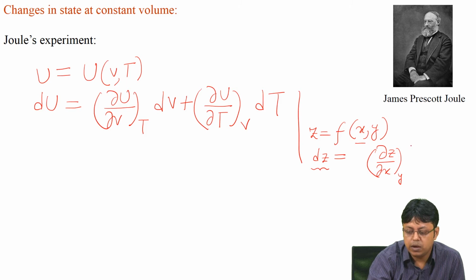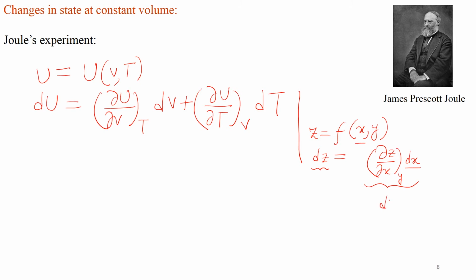We are not changing y, and then multiply it by the change dx. That will be the part which we sometimes write as dz(x), and similarly there will be a part dz(y), the change in dz due to the change in y alone. In this case, we keep x fixed. Now, we have used a similar formula here.